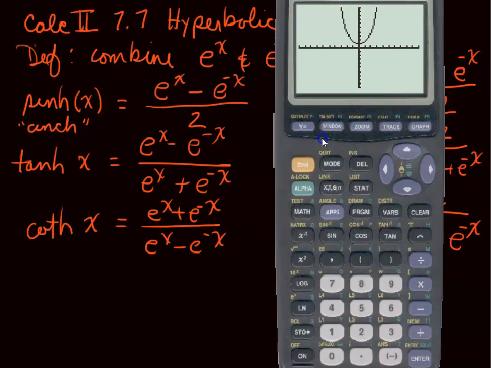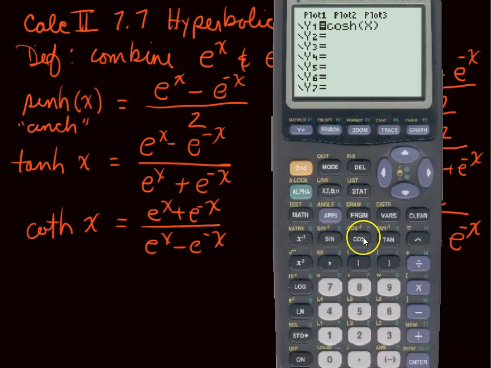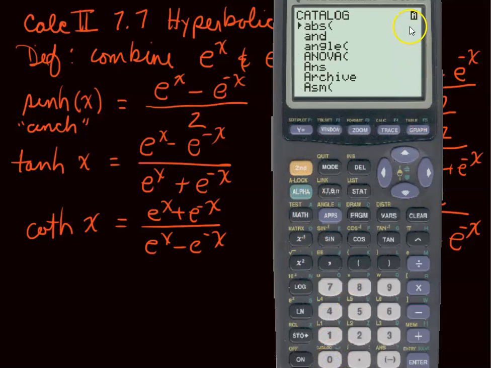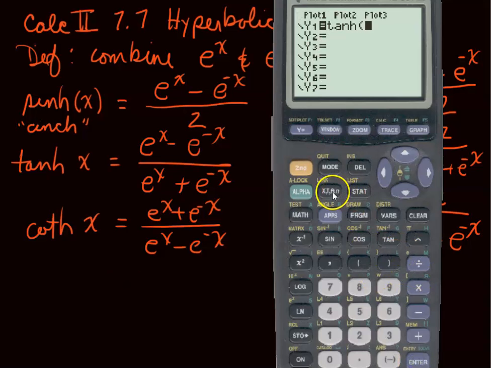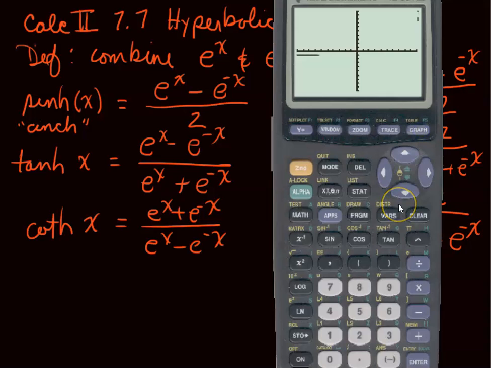The hyperbolic tangent, clear this out, and do a second catalog. You're in alpha mode, so you go to the T's, the inverse tangent, the hyperbolic tangent of x. And graphing that is more like a cube root.